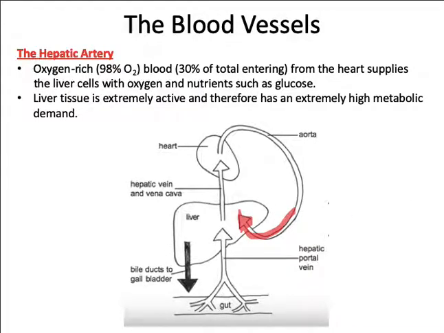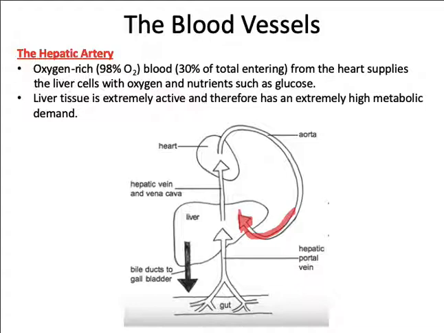It supplies oxygen-rich blood, and of course, as we've just mentioned, the liver cells are very metabolically active, and therefore they require lots of oxygen for active processes, such as respiration. Therefore, liver tissue is extremely highly metabolically active, and therefore has a high demand for oxygen.